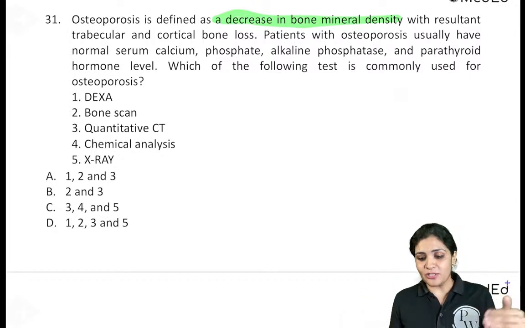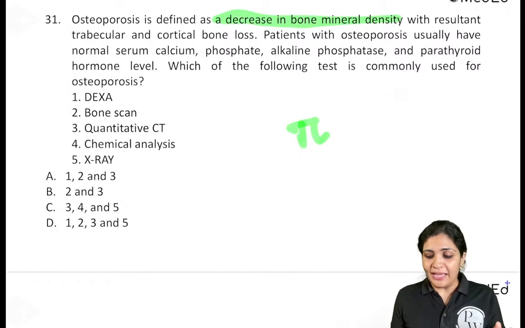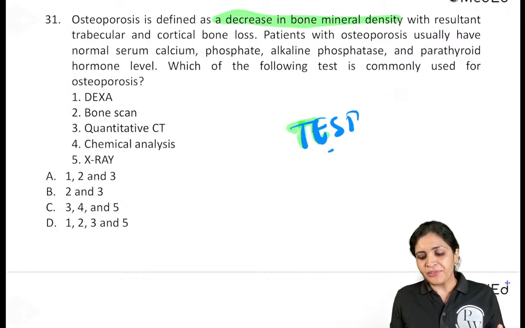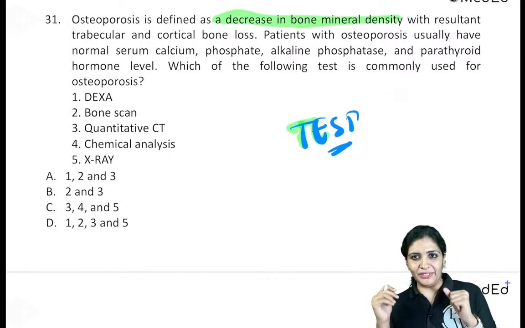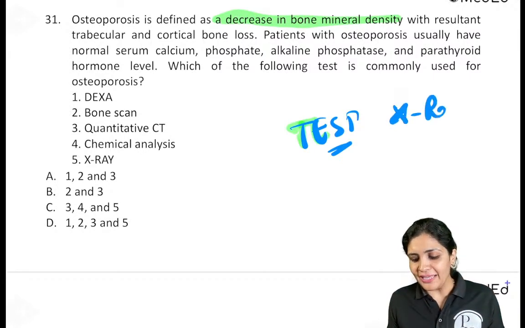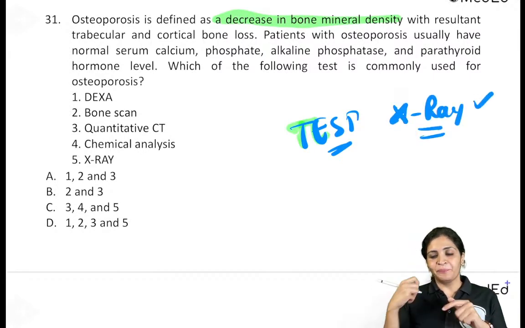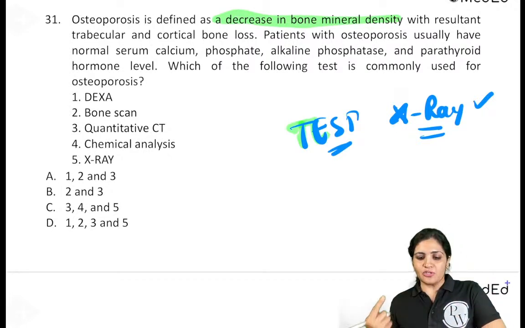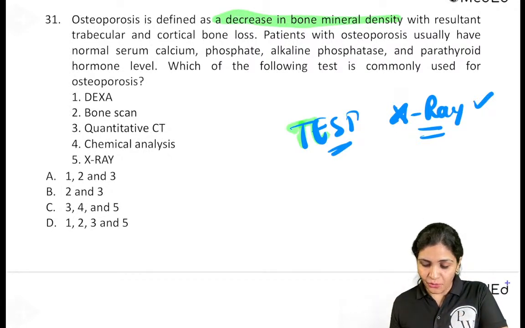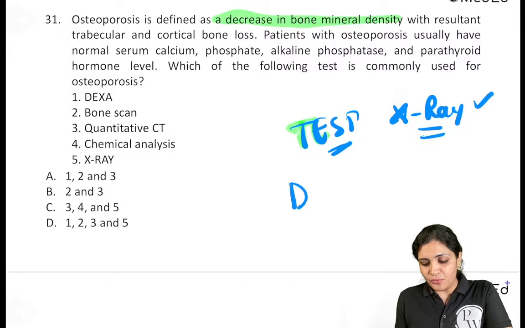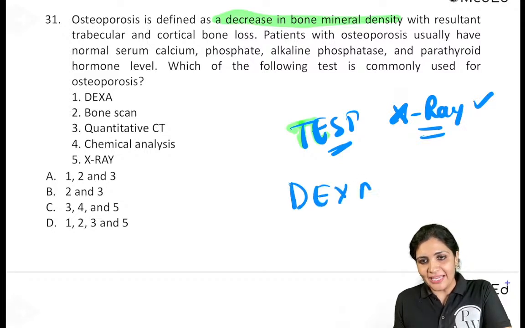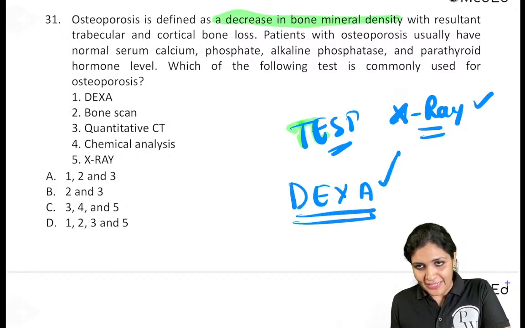But then what is the test which you confirm with? We knew that these patients present with some amount of decreased lucency on the X-ray. So the X-ray is a part of the diagnosis. First you do the X-ray, and then there is an important test called dual energy X-ray absorptiometry, which is called DEXA, right?